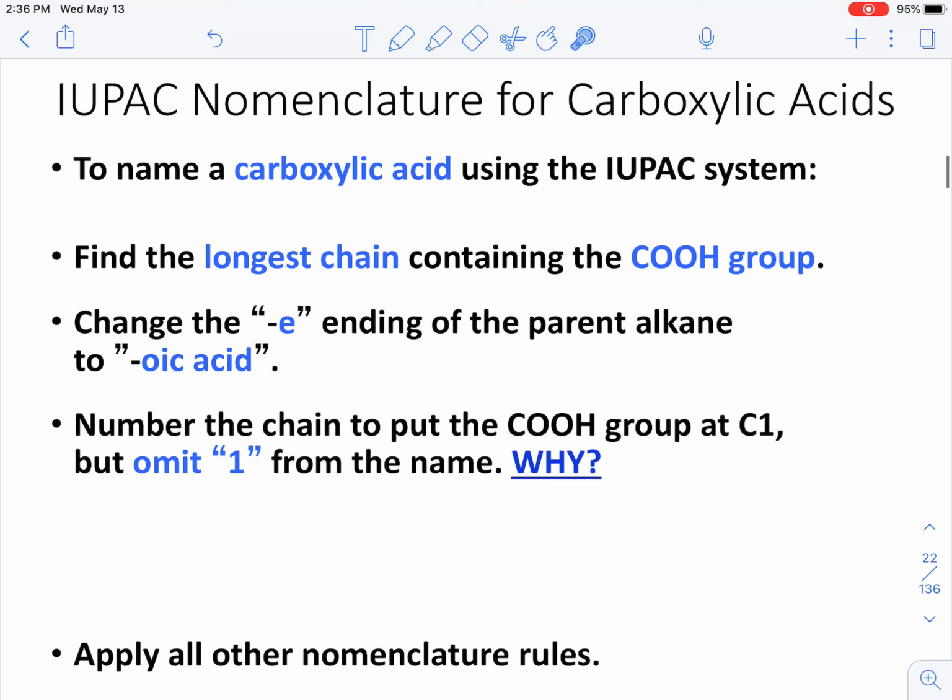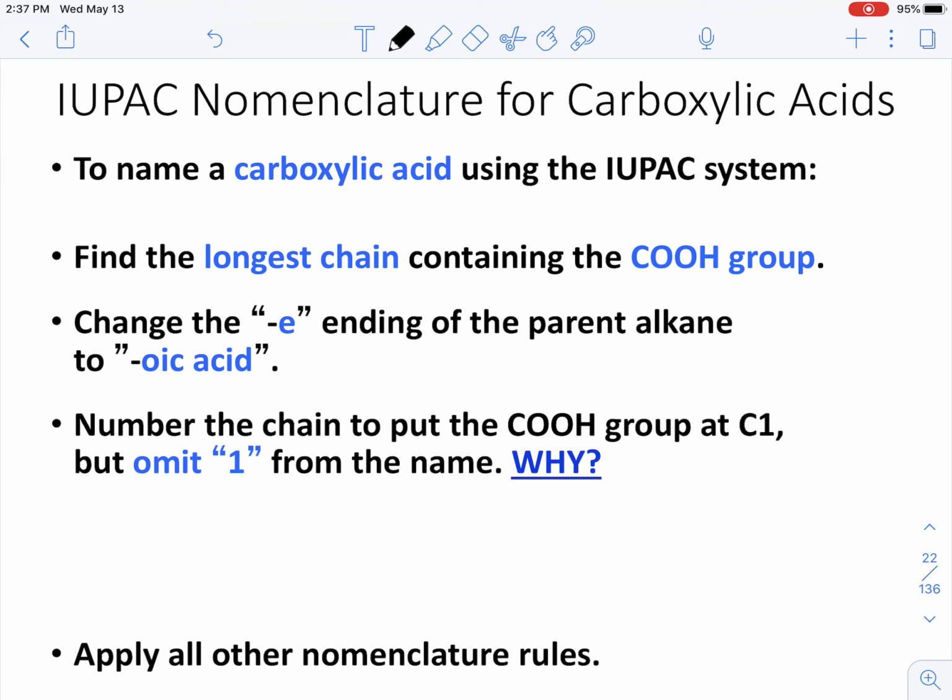Naming aldehydes and carboxylic acids is very similar in that since they're both terminal functional groups, in other words, they can be found only on the ends of a long or short carbon chain, we are going to omit one from its name.